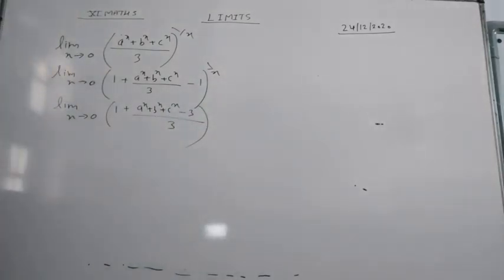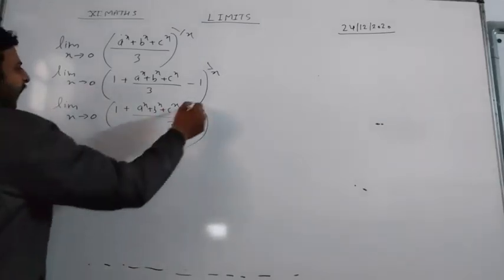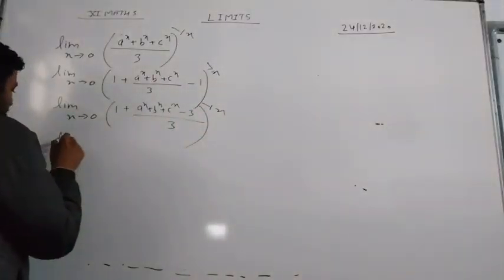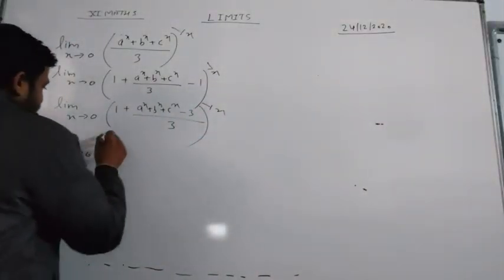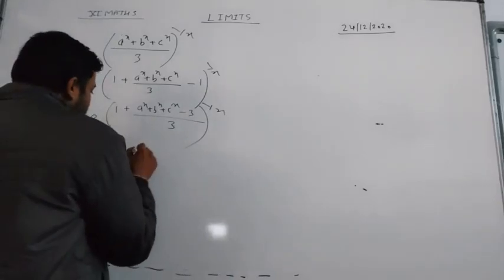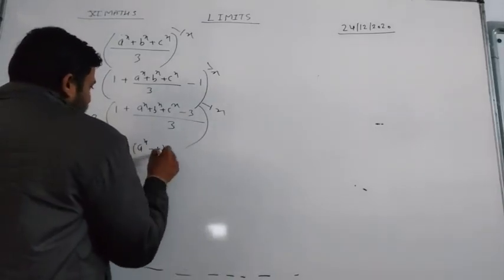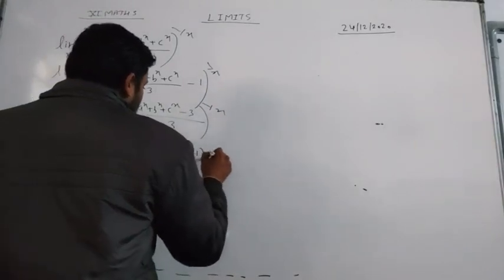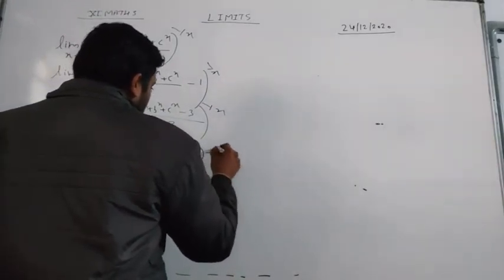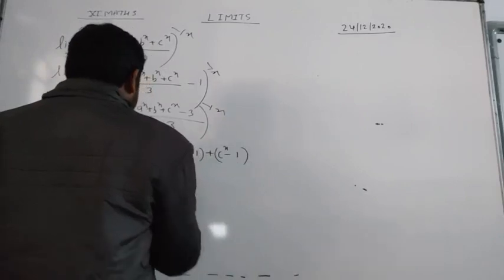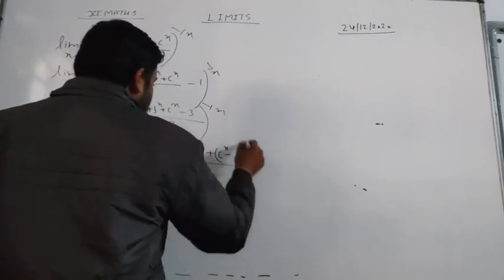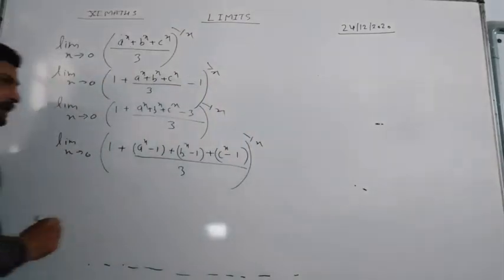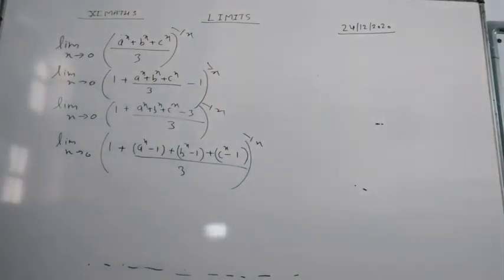Okay, student. Now student, we write limit x tends to 0, 1 plus (a^x minus 1, b^x minus 1, c^x minus 1) by 3, to the whole power 1 by x. Okay, student.